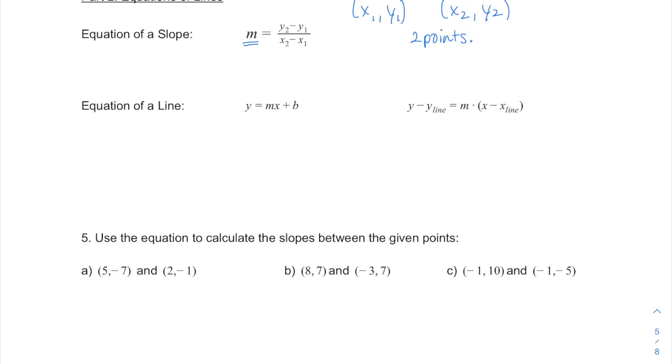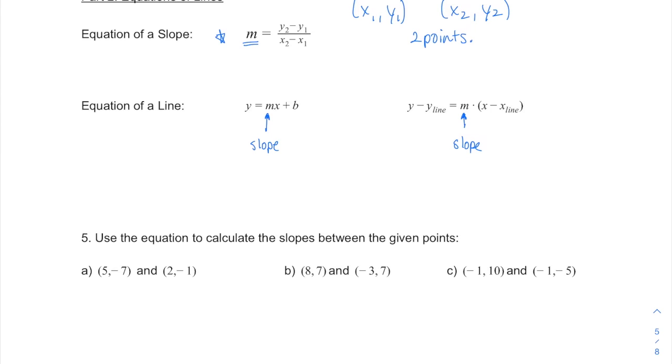Now if I look at the two equations that are given to me for the equation of a line, I actually see m appear in both of these, okay? And it still references slope. So I know that if I need the slope of a line, I can calculate it using this formula that we already know.